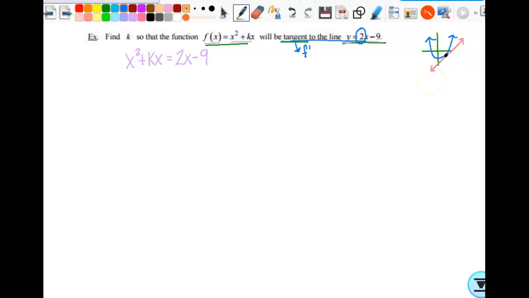I think that's the first time it's been written that way, that the function's tangent to the line. They're tangent to each other. So we usually talk about the line being tangent to the function. But if it's tangent to this line, that makes this a tangent line, right? So that makes this the slope of the tangent line. So that means I want f prime of x to equal 2. Right? You see how you got all those pieces from that?